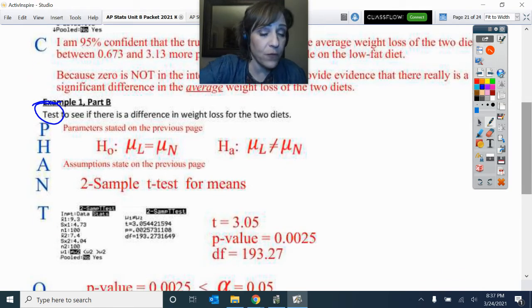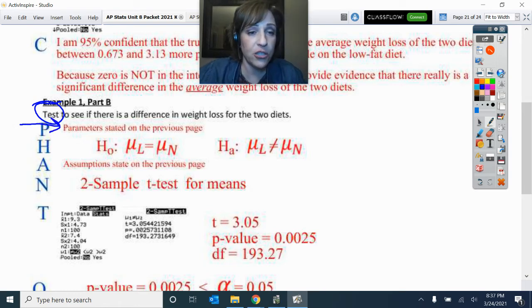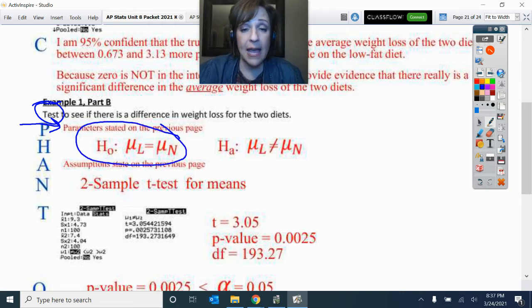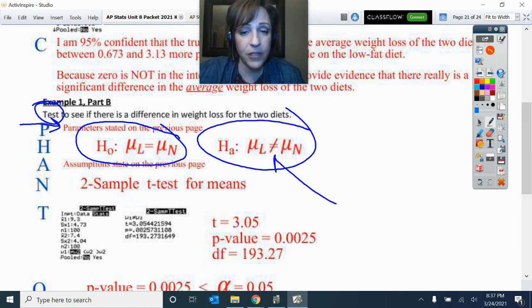So that's a Phantoms. And so you can see I wrote here P, the parameters are stated on the previous page. So our null hypothesis is that those are equal to each other. And my alternative is that they are different because this didn't ask, is there more weight loss on the low-fat diet?